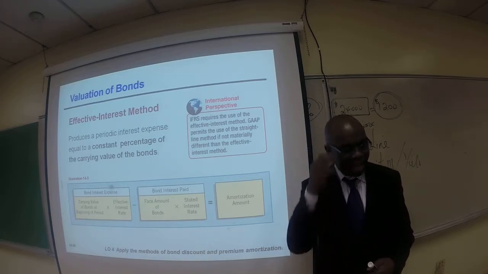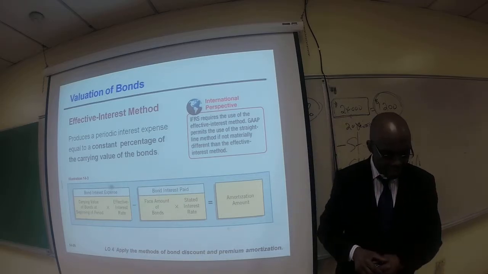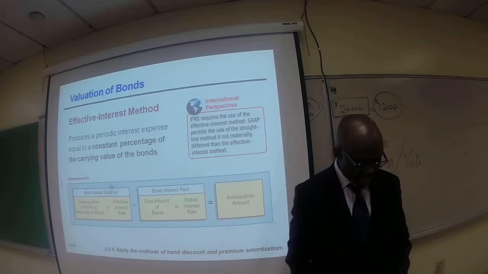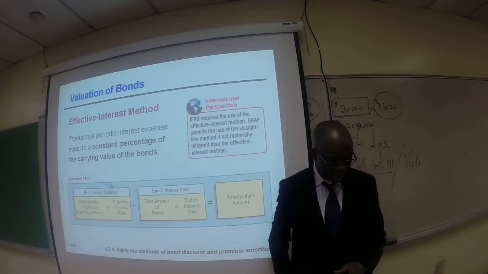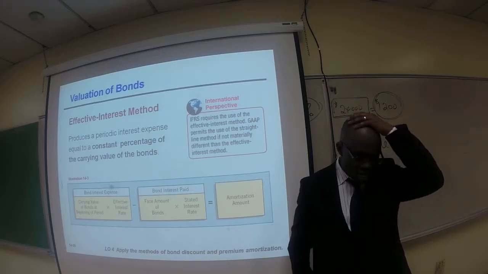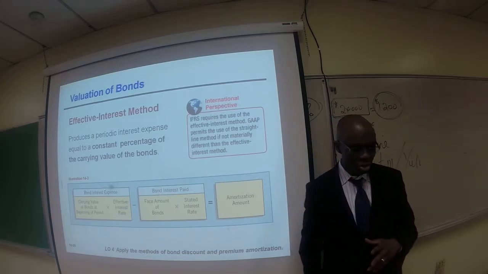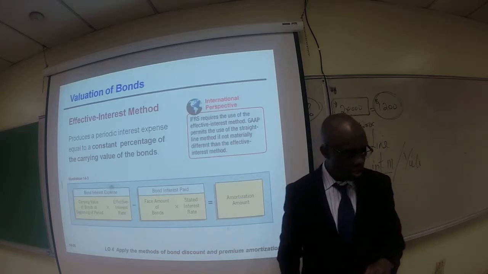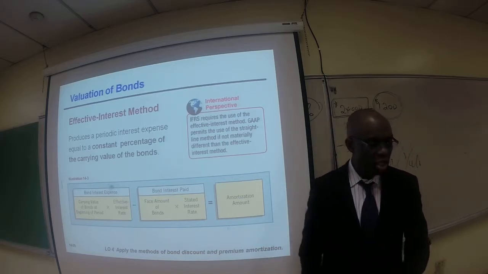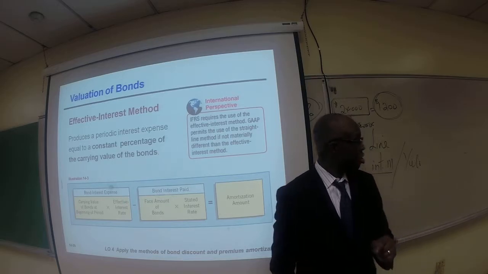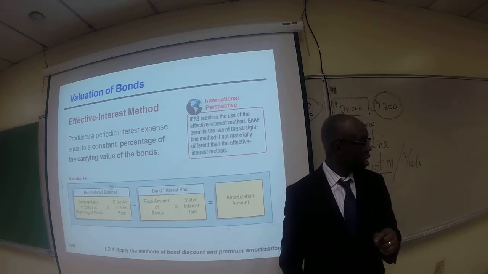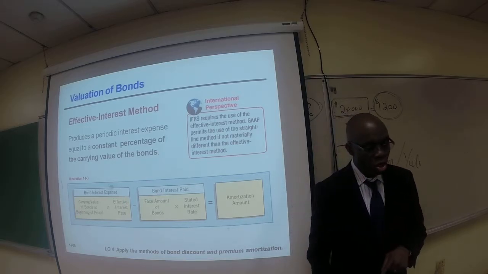Hence, it is the better method, and it is the approach that is recommended, except if the difference or the amount is not material, then we can use the straight line method. So how does the effective interest method work? Look at what we have here.